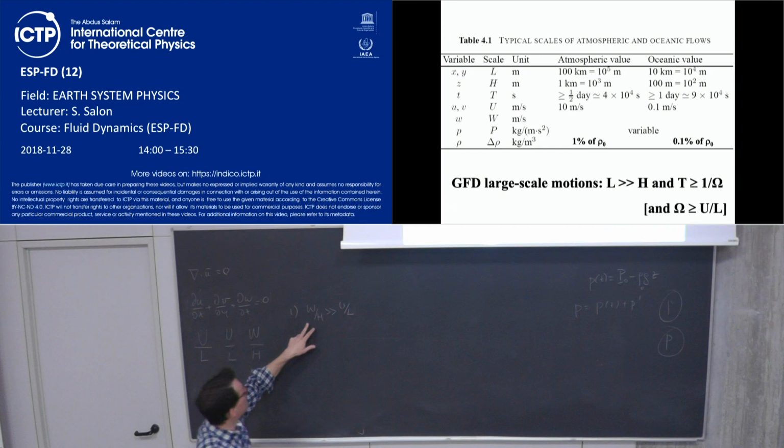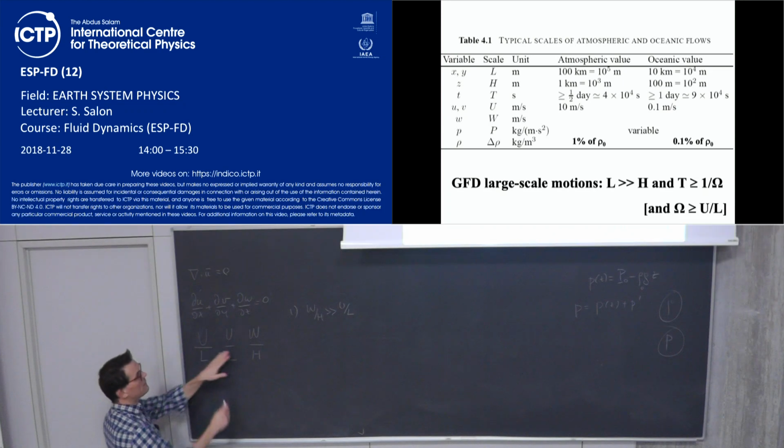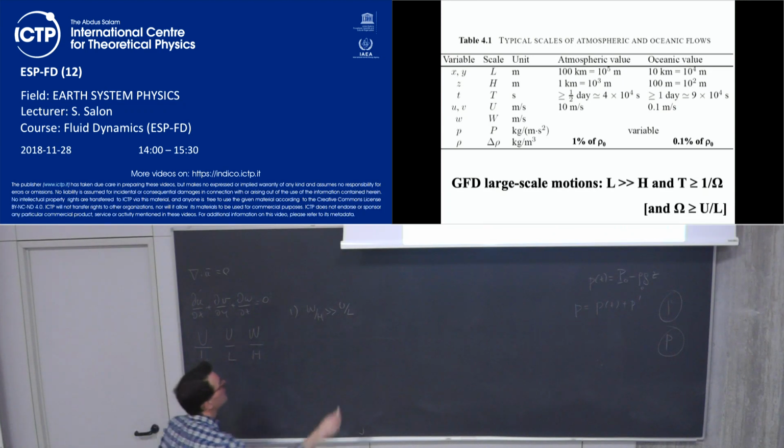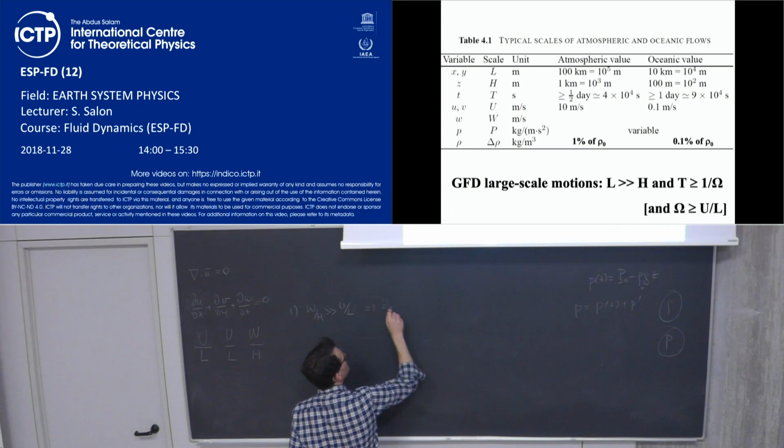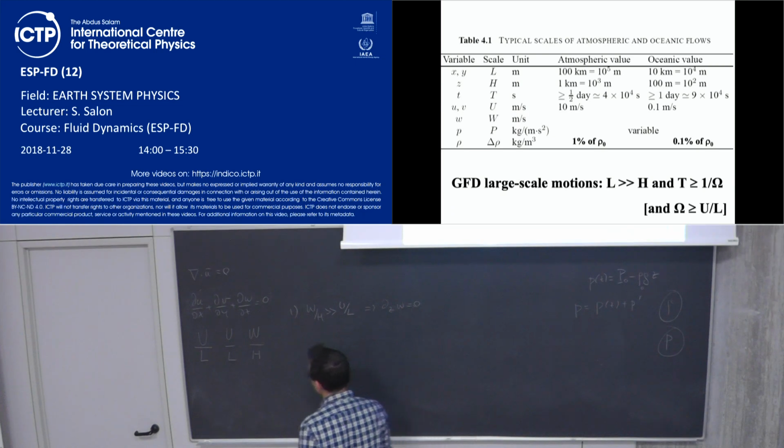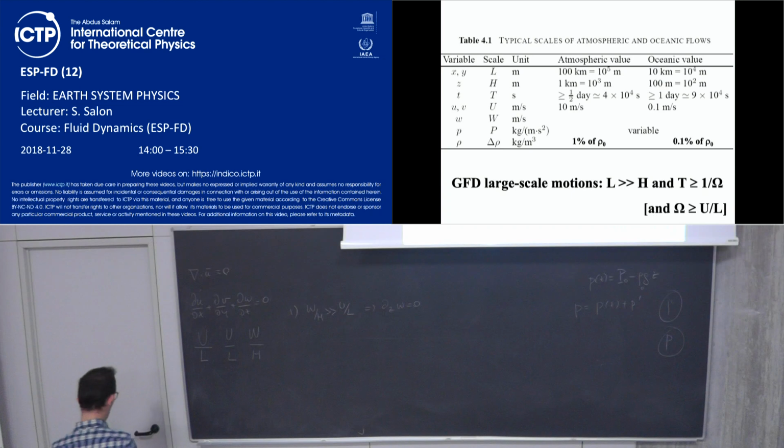So if this is correct, this means that these two terms here can be neglected with respect to this one. So it means that our continuity equation reduces just to this.